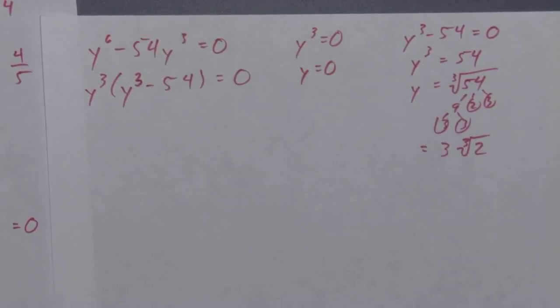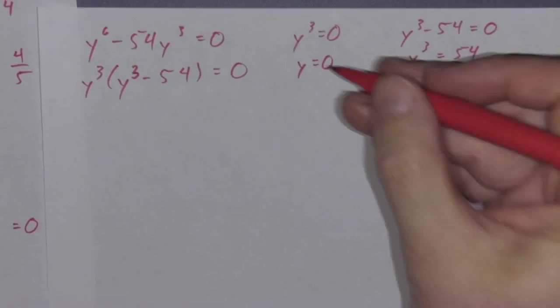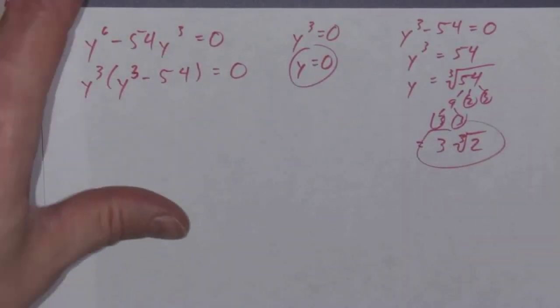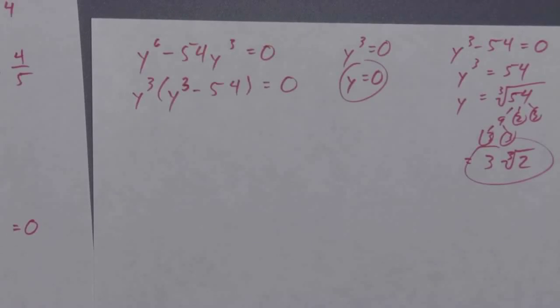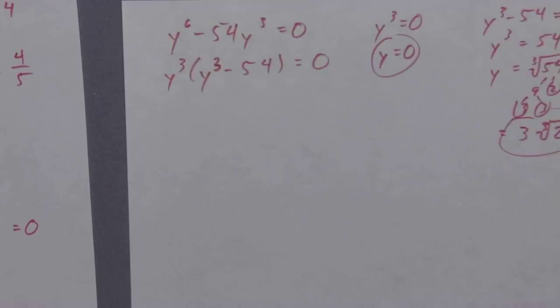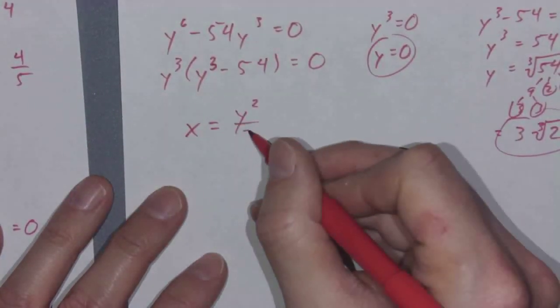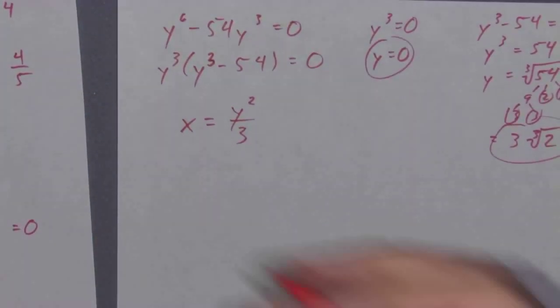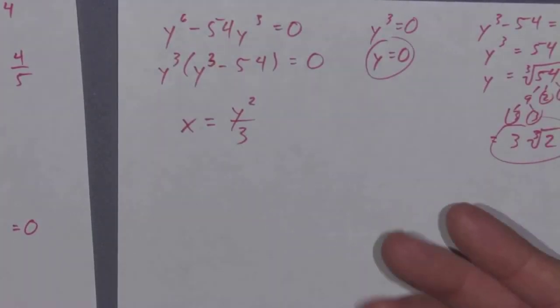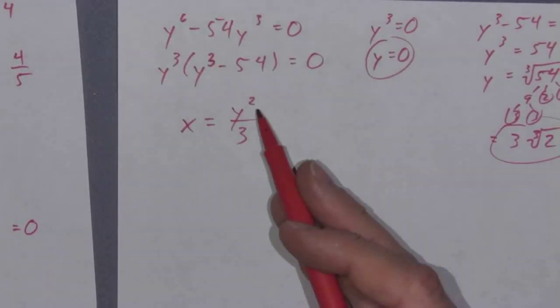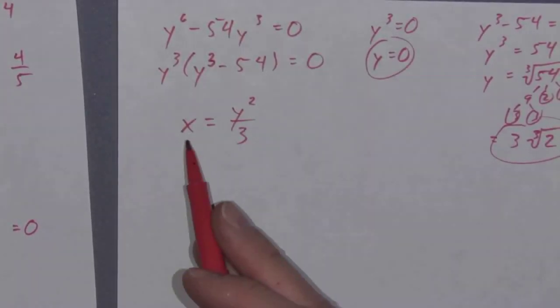Okay, so now we have to go and get the x-coordinate. So we got to take this guy and go back to a location where I know what x is. Now we already know that x equals y to the 2nd over 3. So he's coming back into the situation, and what we're going to do is plug this in for y, and then we're going to get our x.